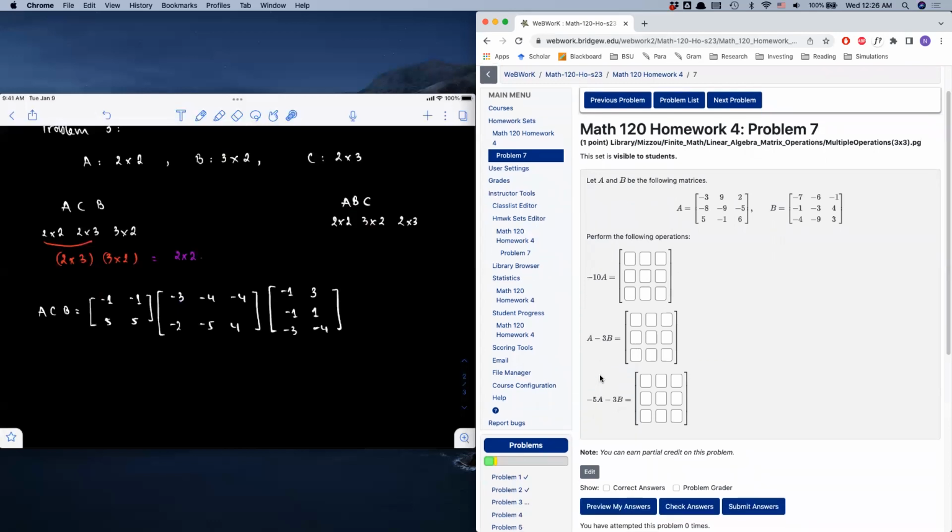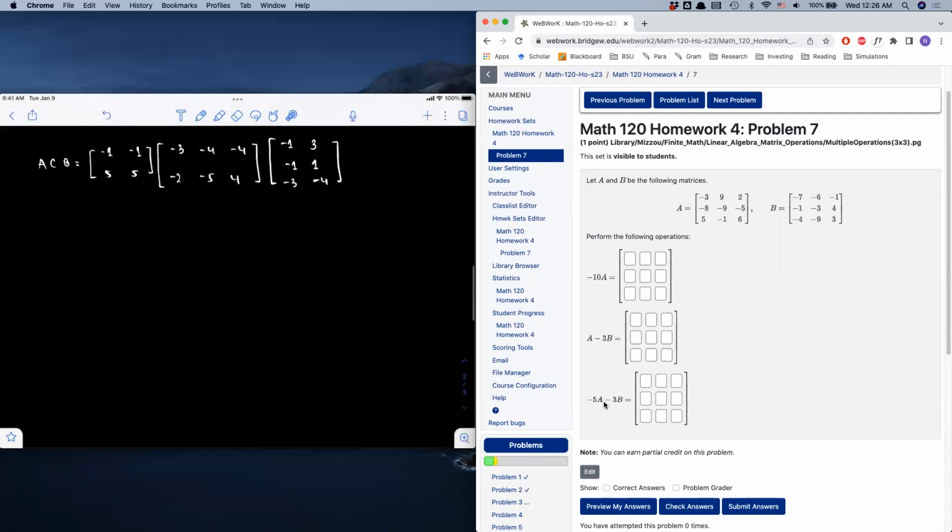Similarly for the last case, so let me do the last case, problem 7. Right, you do -5A minus 3B. So -5 times matrix A, which is -3, 9.